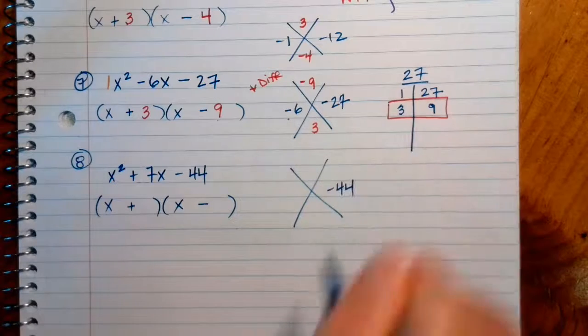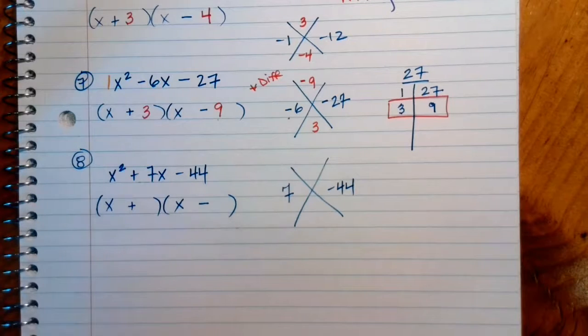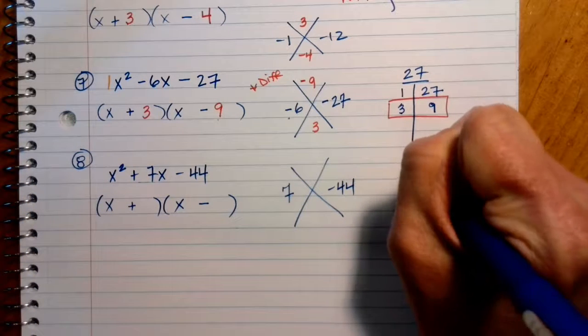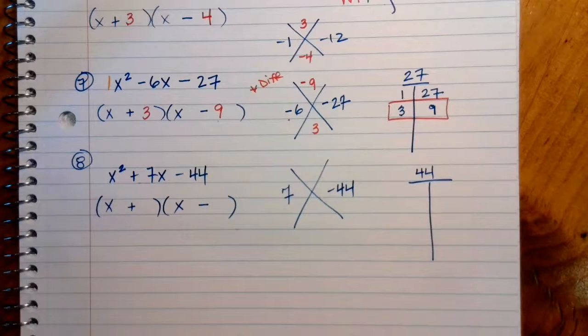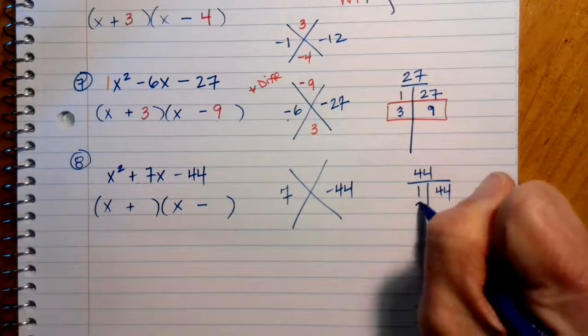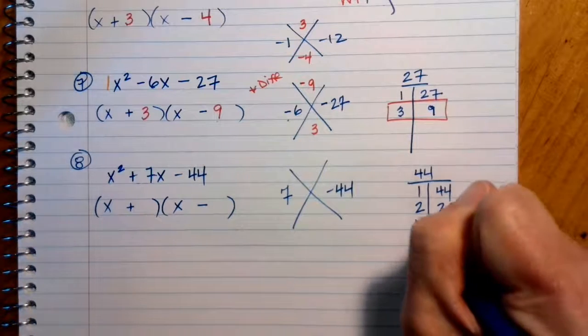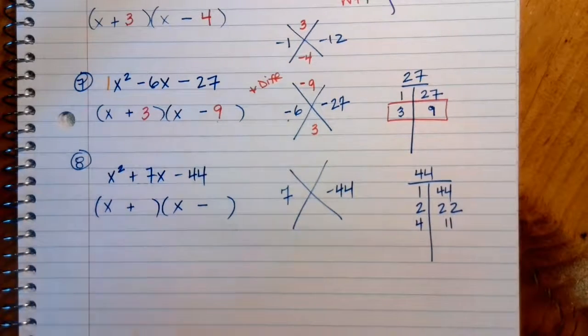I'm looking for a product of negative 44 and a sum of positive 7. So as you think about that for a little bit, let's do our factor table. And we have 1 and 44, 2 and 22, 3 doesn't go in, 4 goes in 11 times, 5 does not go in evenly, neither does 6, or 7, or 8, or 9, or 10.